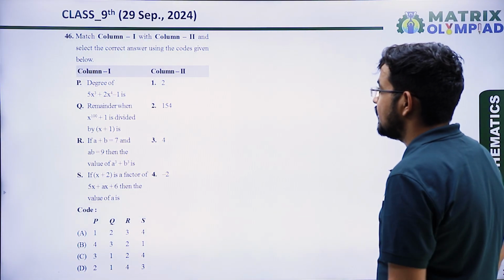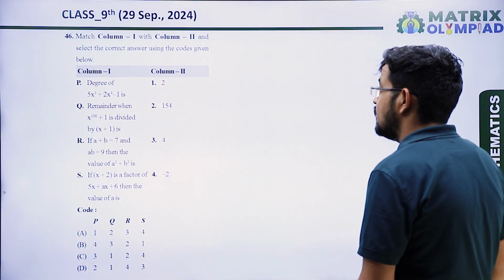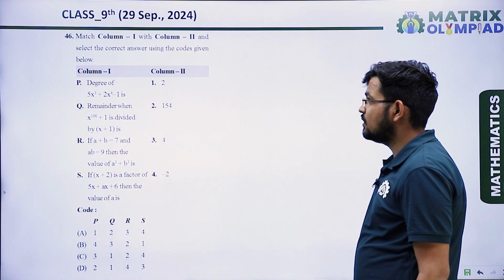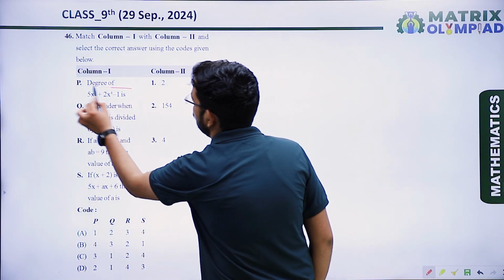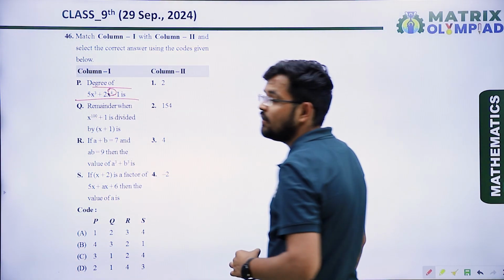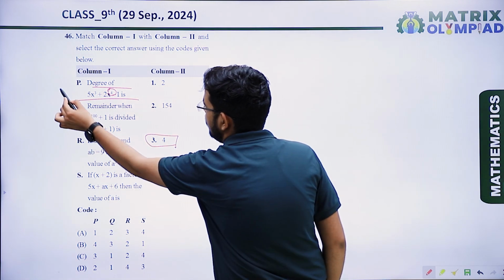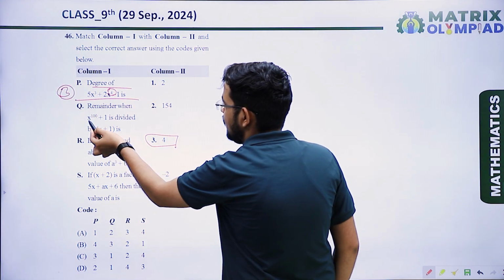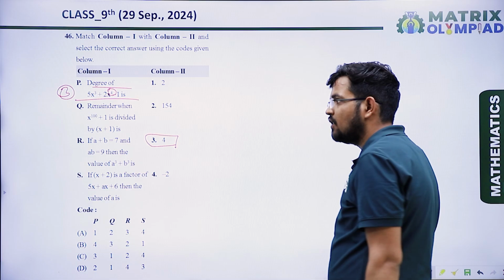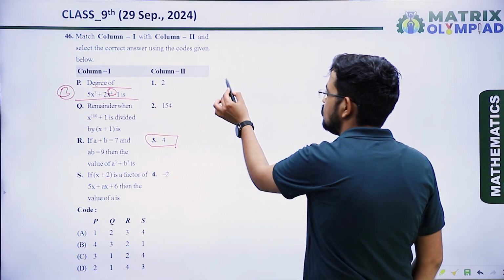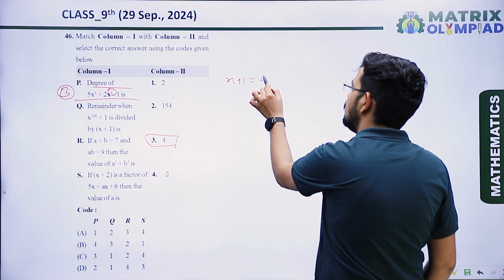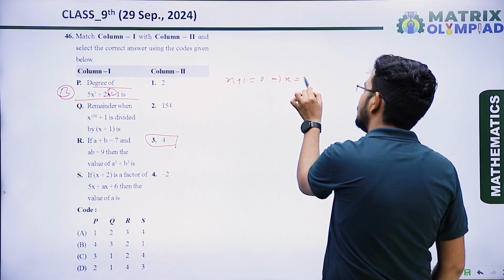Question number 46. Match column first and column second and select the correct answer using the code given below. Degree of this polynomial: the highest power is 4, so the degree of the polynomial is 4. Option 3 is the correct answer. Remainder when x raised to power 100 plus 1 is divided by x plus 1. First of all, put x plus 1 equal to 0. So from here x equal to minus 1.